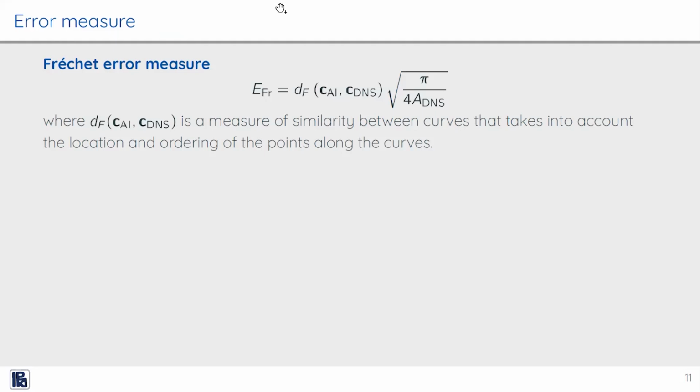And we normalize this measure with the average diameter of the droplet. So basically, if we have two perfect circles that do not overlap, this Fréchet error would be larger than 100%. And if they overlap, it will be less than 100%.